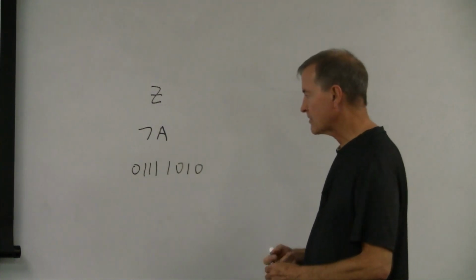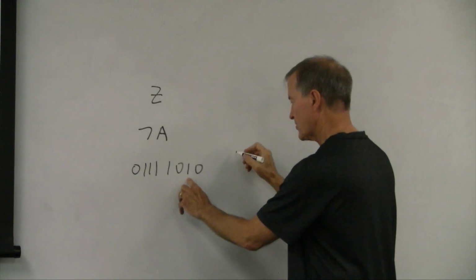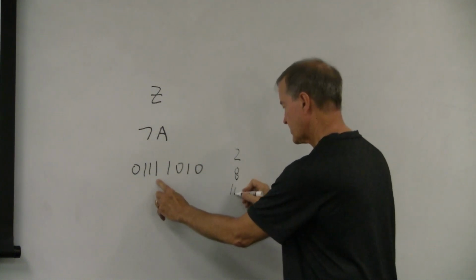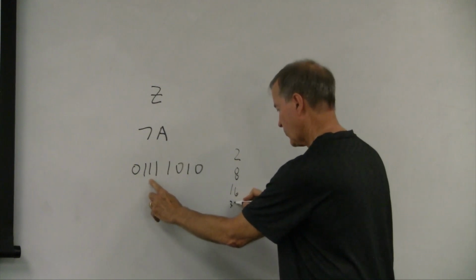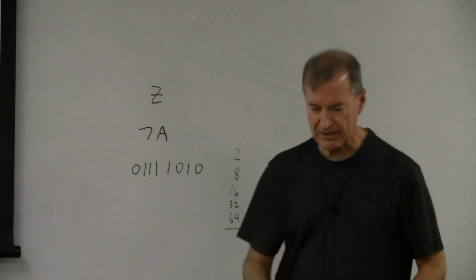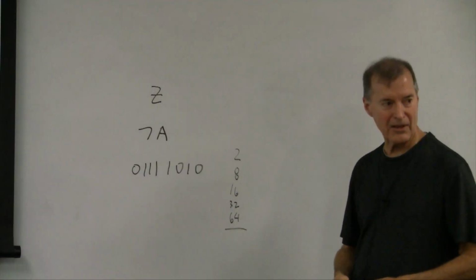So what would this be? 1, here, let's do it. 2, no, 4, 8, 16, 32, 64. And if you add all this up, guess what you get? 122. I think. Somebody do it real quick. I hope the table's right. Does everybody see how that works?